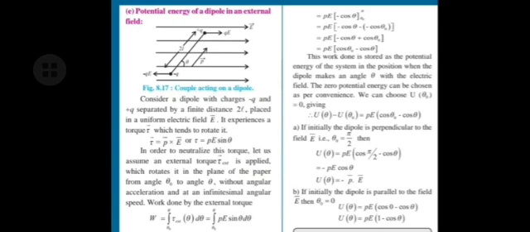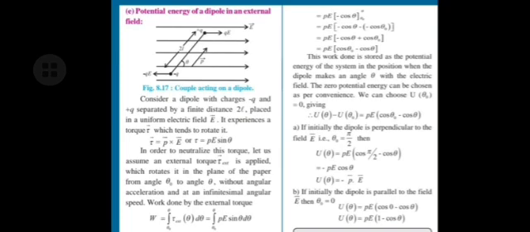So here we will consider two cases. First case, if the angle theta 0 is equal to 90 degrees, that is pi by 2, then cos pi by 2 is 0, and simply you will get electric potential energy as minus PE cos theta. That is, U theta is equal to minus P dot E. Here cos theta is absorbed in that dot product.